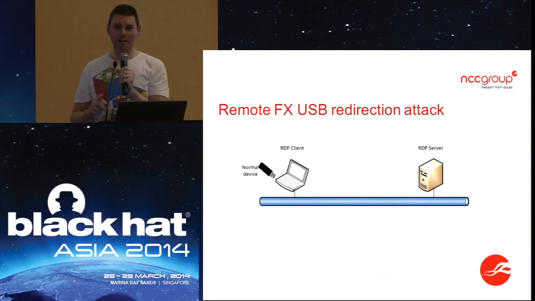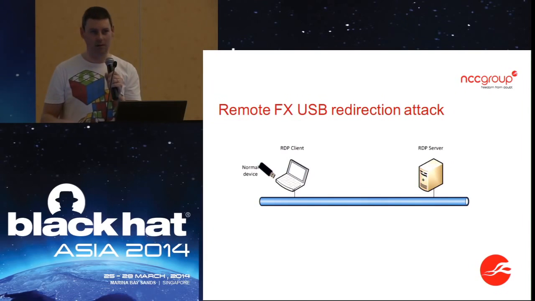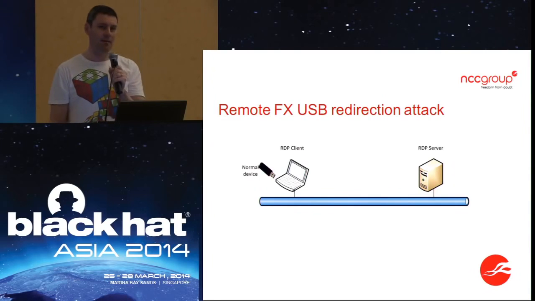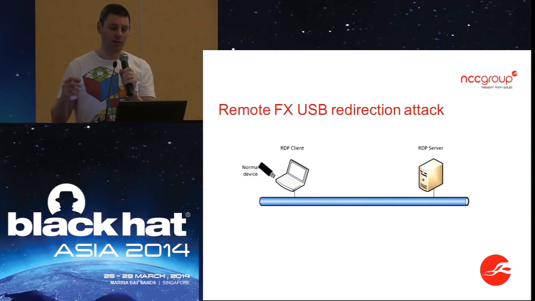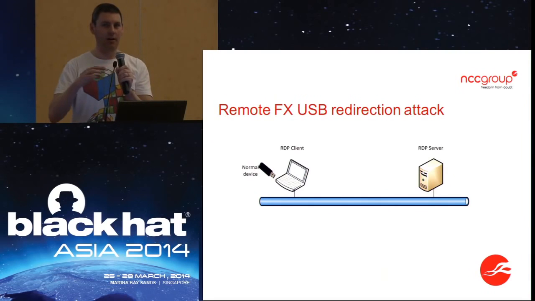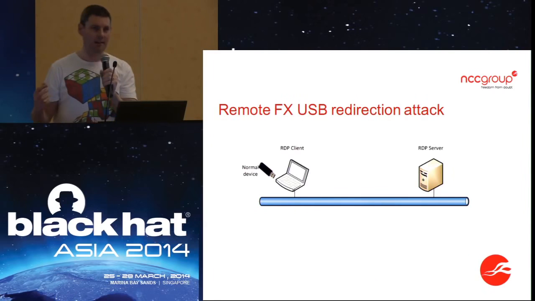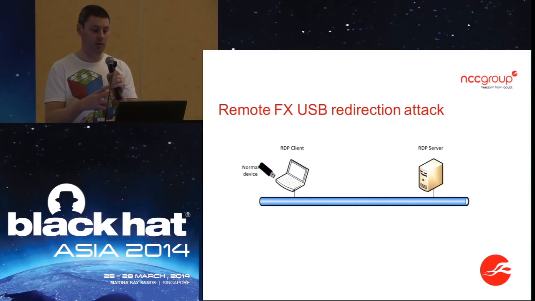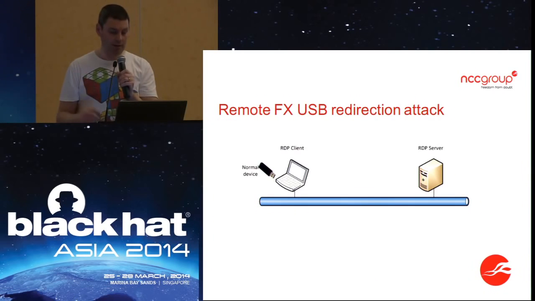Now, one thing that you need to do that took me ages to work out, because I kept having the same scenario as before with the high-level stuff where I kept blue screening my client, is you have to emulate a normal non-rogue device first, because what you need to do is capture the session within RemoteFX and tell the RDP server that a valid device of the class that you're going to send a rogue example of in a minute is to be used within that RDP session. So you start off by emulating the normal device, not the rogue device, within your RDP session.